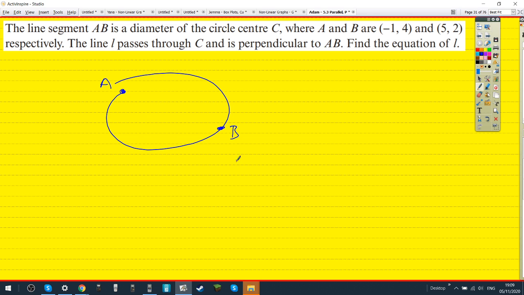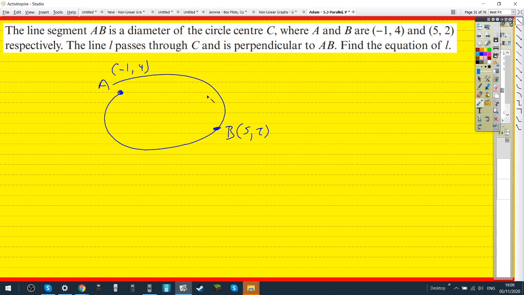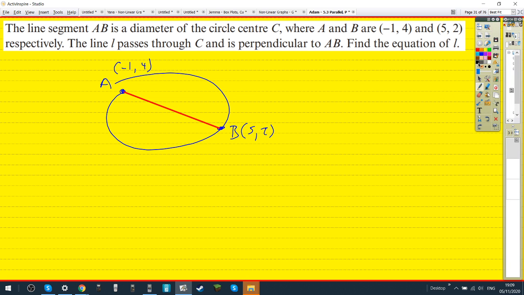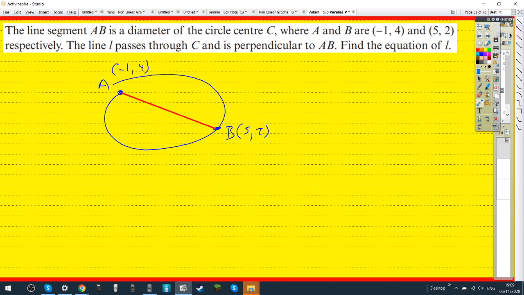That's B. That's 5, 2. That one is minus 1, 4. Yep. We have a diameter. Do you remember what a perpendicular bisector is? Remember what bisect means?